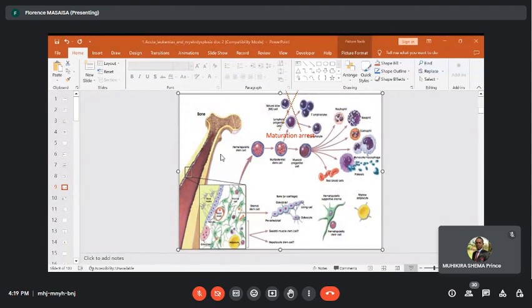Sorry, the slider is not moving. Which one are you seeing? We are still on 11, 9. Classification? Yeah. That one contains a picture.